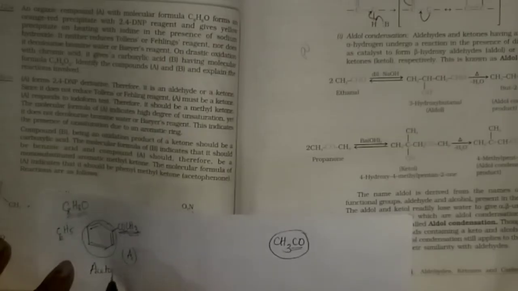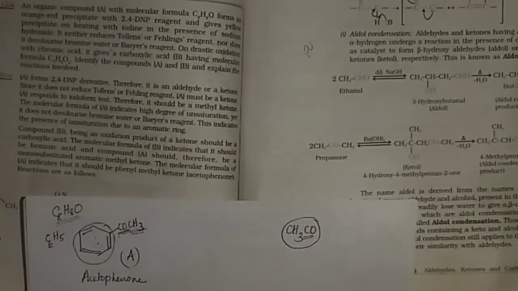H5 is in the benzene ring, then 5 plus 3, H8, then O. Then our first compound A is acetophenone, or phenyl methyl ketone. From this first sentence, we can identify the compound A is acetophenone.